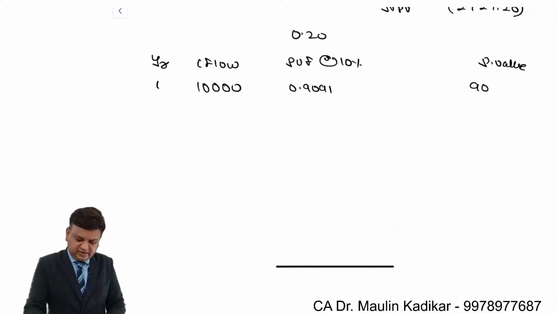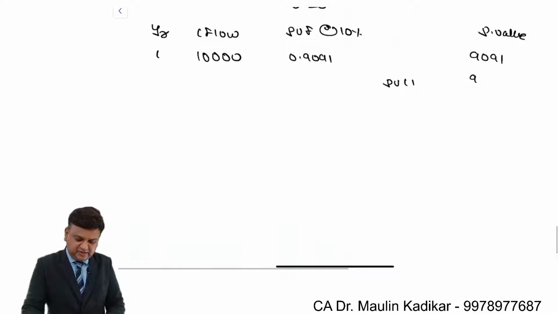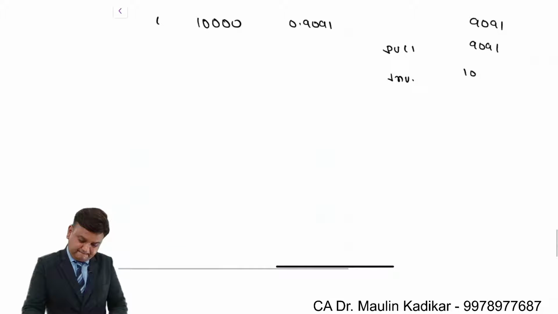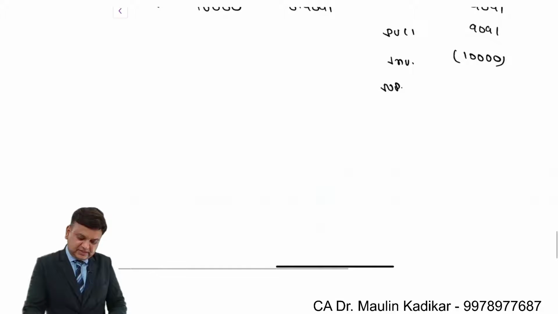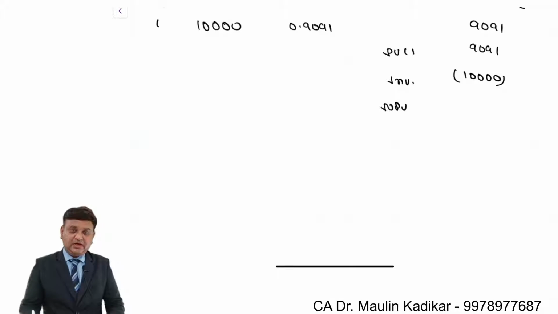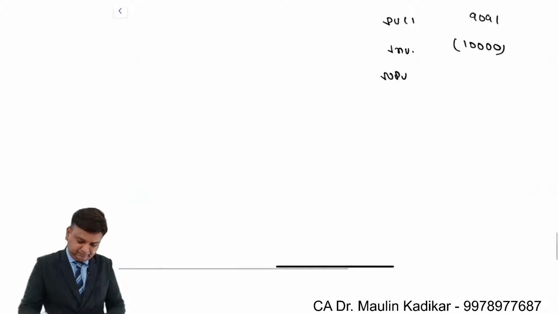So present value of the cash inflow is 9091, amount of investment is 10,000, and based on that NPV is calculated. It is negative 909.